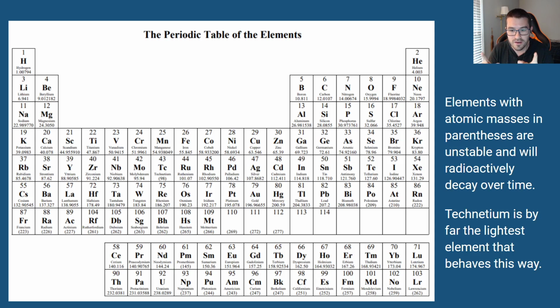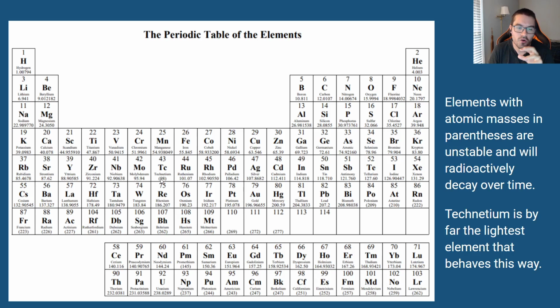So the weird thing about technetium is that it is by far the lightest element that behaves this way. You'll notice that technetium here, number 43, has a mass of 98. That's because the only version of technetium that we've been able to observe is technetium that we humans have created.